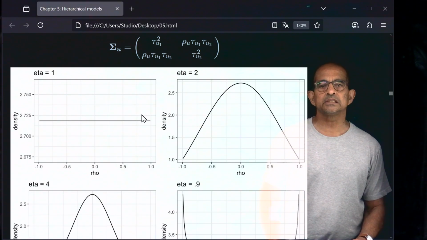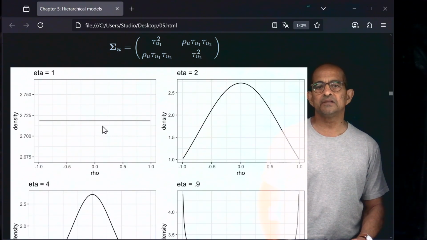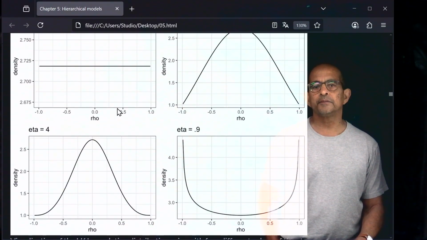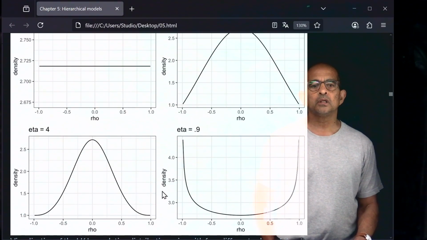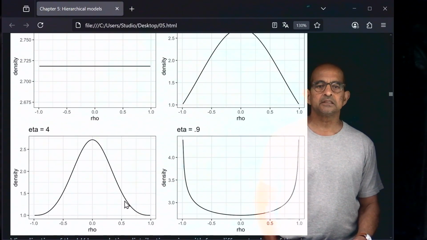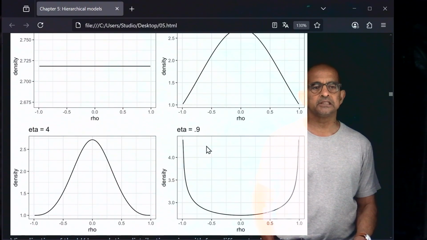Of course, if you change the eta value to different numbers, you'll get different prior distributions. Eta equal to 1 will give you a uniform distribution between -1 and +1, and eta equal to 4 will give you a tighter distribution, centered on 0, and so there are other possibilities as well.